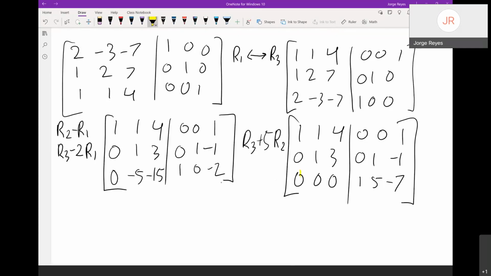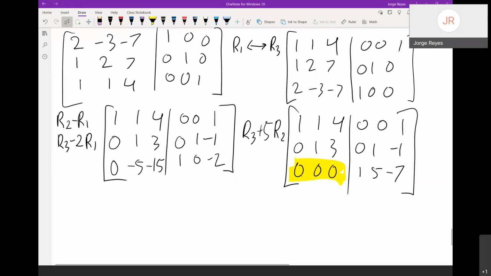But actually, the point is you got this to happen. Okay. So as soon as that happens, you're kind of up the creek without a paddle. This will never be the identity matrix because you've canceled out all of the zeros. So in fact, this is what happens when the determinant of A is 0. This inverse will not exist.